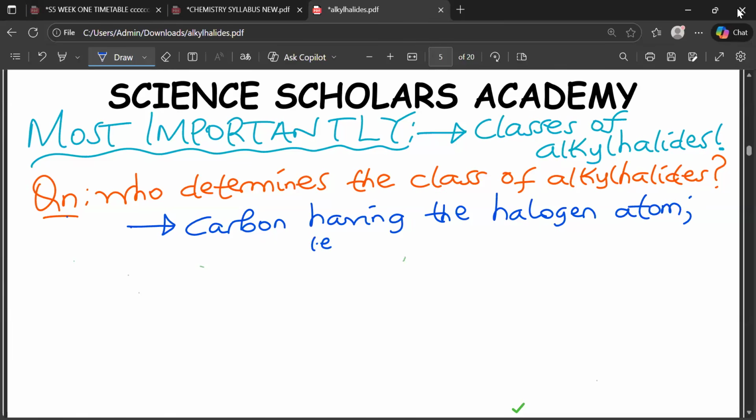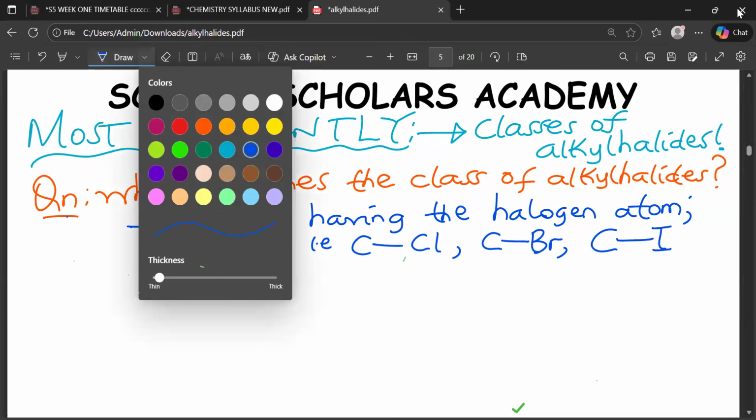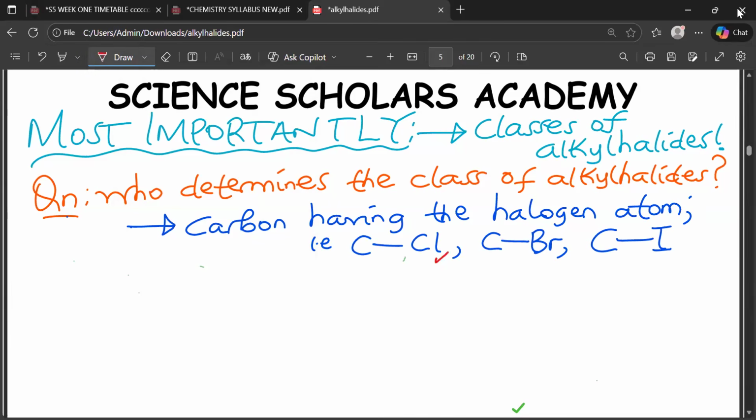That one carbon atom that will have the Cl, that one carbon atom that will have the Br, that one carbon atom that will have the I. It will depend on the structure, and I'm going to show you how. So the moment you realize that one carbon touching the halogen atom, it is that carbon that will determine the class.